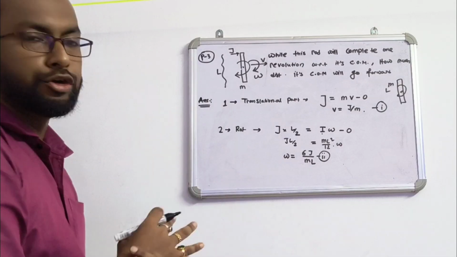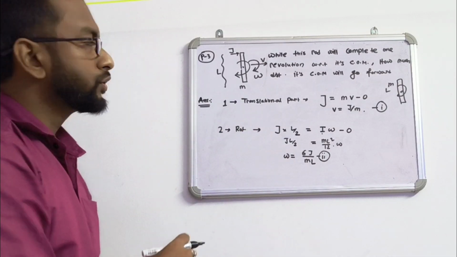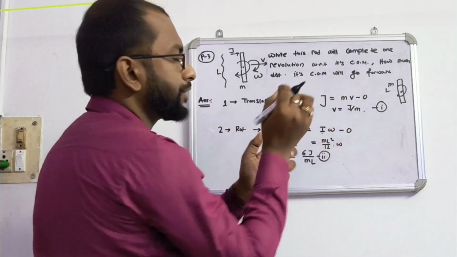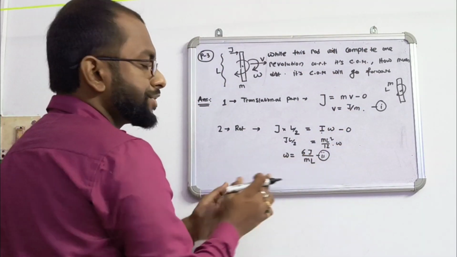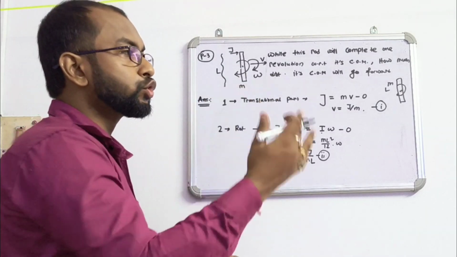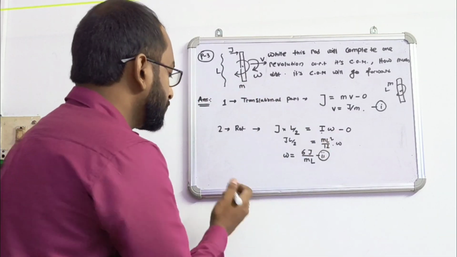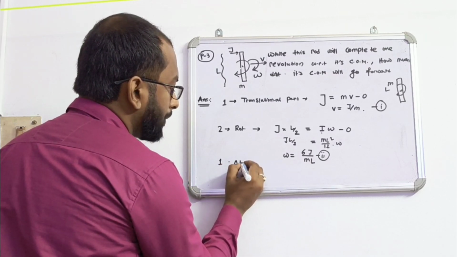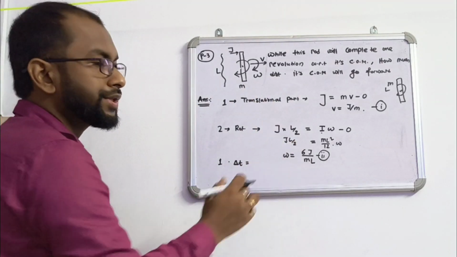Now for one revolution, how much time will it take? In that time, the center of mass will go forward with this velocity. This is the angular velocity 6J by mL. For one revolution, it needs to cover 2 pi angle. Suppose delta t is the time taken for covering 2 pi angle with angular velocity omega.